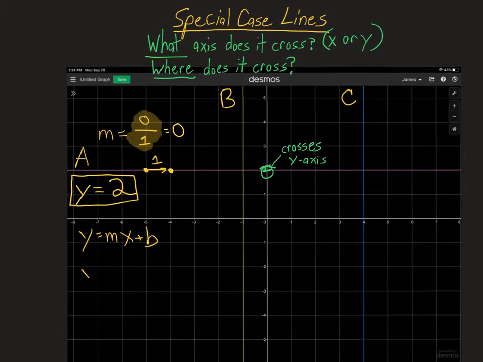So we could plug in and say y equals 0x. 0 times anything is just 0, however, so that whole thing just disappears. And so all we really end up having left over is the plus b. We end up with y equals, and the 0 times x cancels. So the equation for these is really just y equals b, which is what we had a minute ago.